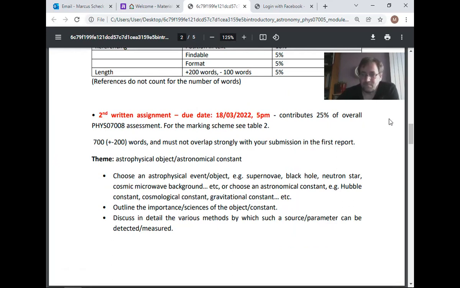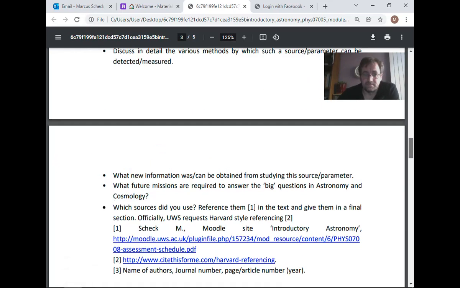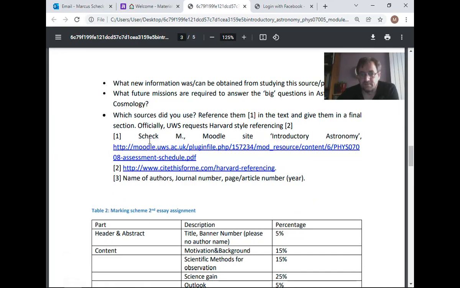Okay. So again, here you find the marking schedule. Here you find examples for referencing, how they would do them in the text. UWS officially wants, you should give here, when you have access to a website, because they often change.